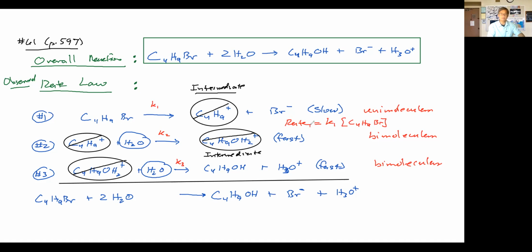So this is rate law number one. The rate law for elementary step number two should be K2 times the concentration of C4H9+ times the concentration of water, and this should have two species with the balanced equation here because this is a bimolecular reaction.